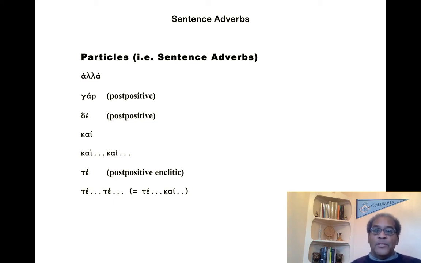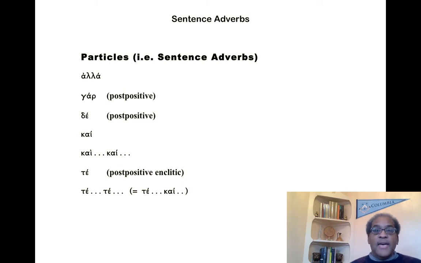Gar, which is post-positive, which means it's always the second word in its sentence, is equivalent to English for, F-O-R, when it is explaining the reason for the previous utterance. I'm selling my car, for it's just become a deep hole that I throw money into. I love Lucy, for she's the kindest soul I've ever known.